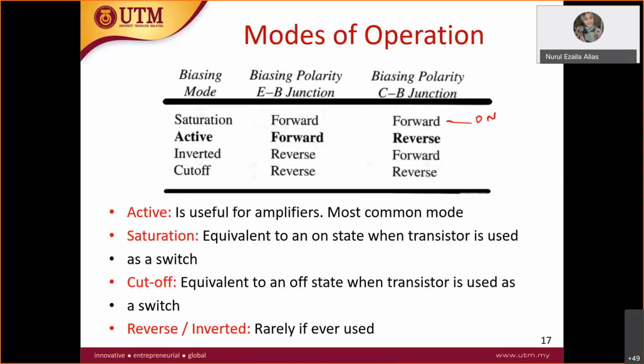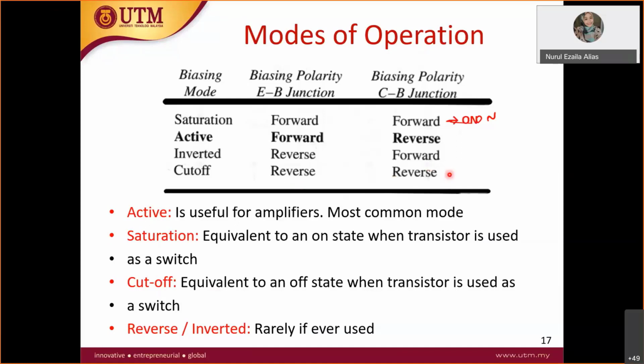Usually saturation and cut off is where you make your BJT a switch. A switch is either on or off, either 1 or 0, right? So for cut off, you have to connect the two junctions reverse biased. We'll take a look at the example.